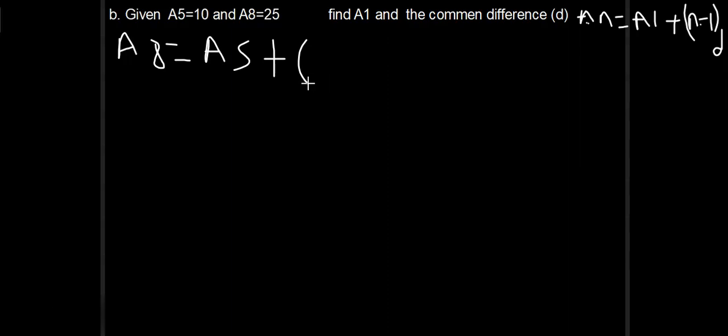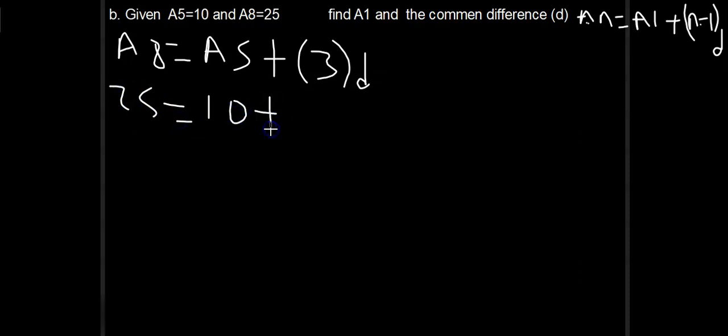When I subtract 5 from 8, I get 3. And the last thing is d, which is what I'm looking for. The value of a8 is 25, and the value of a5 is 10. So plus, I got 3, so 3 times d will be 3d.